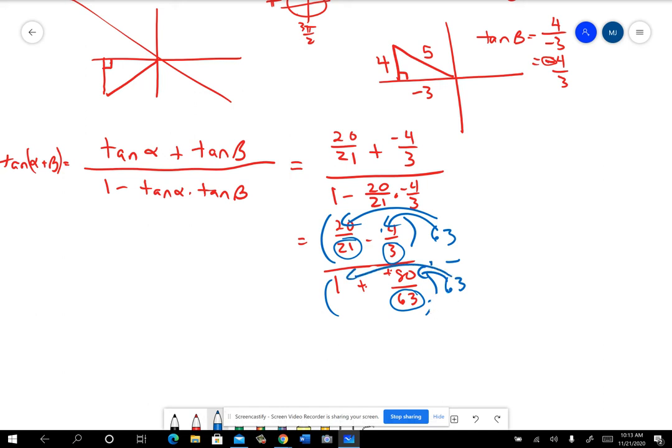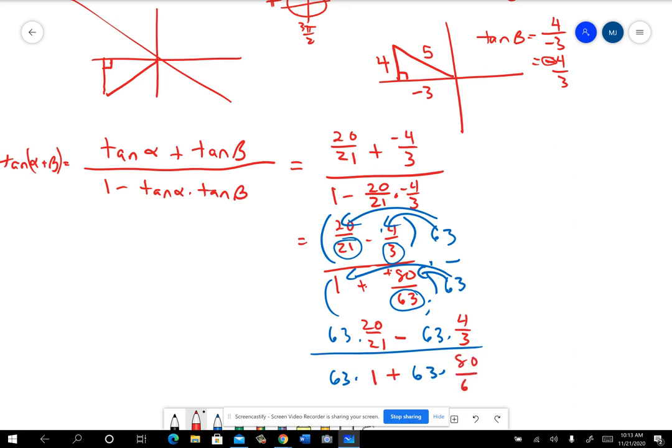So I was going to write the 63 next to each of them, top and bottom. And so I wind up taking 63 times the 20 over 21 minus the 63 times the 4/3, and then 63 times 1 plus 63 times 80 over 63.